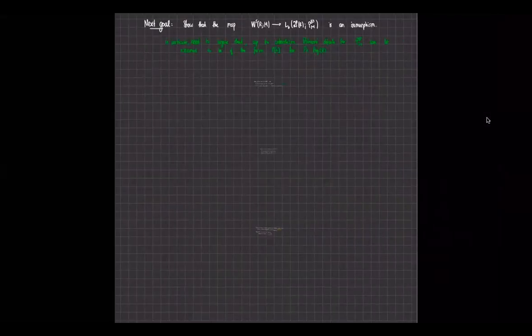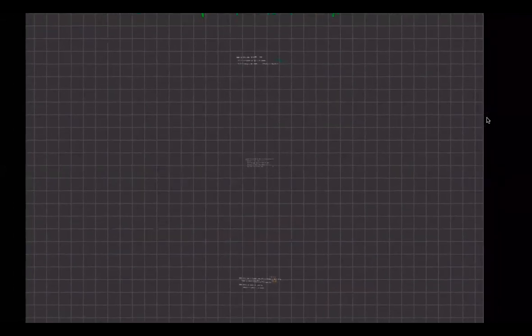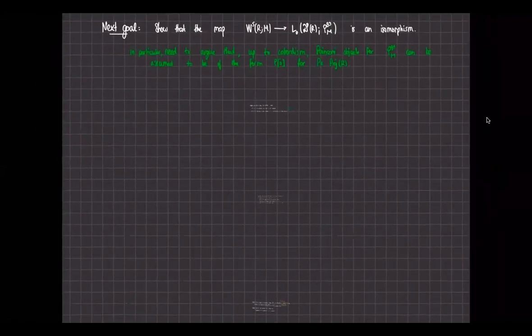Okay, so we want to use this general construction of algebraic surgery to prove something about the map from the symmetric Witt group of a ring to the 0th L group of the derived category of R with coefficients in, with Poincare structure given by this genuine symmetric one. And we want to show that this map is an isomorphism.